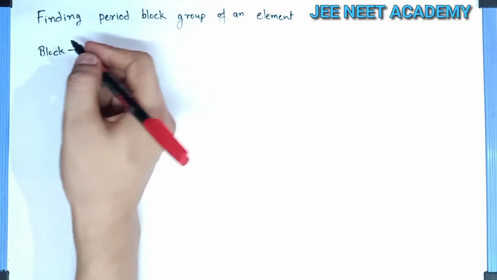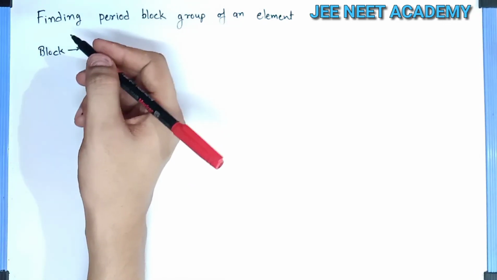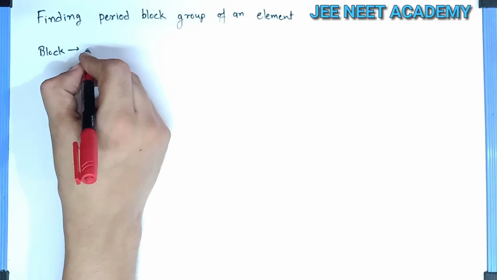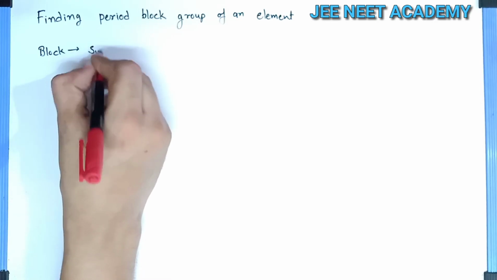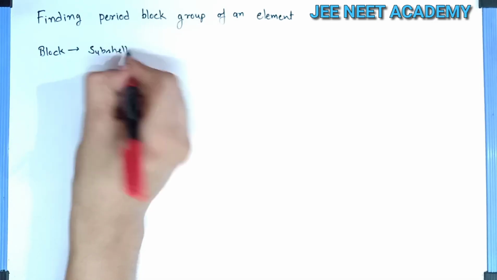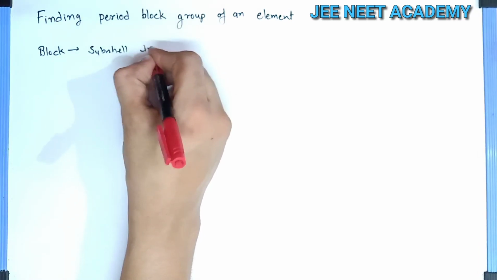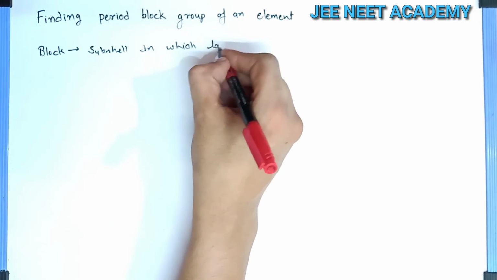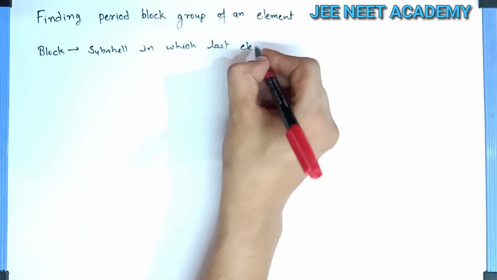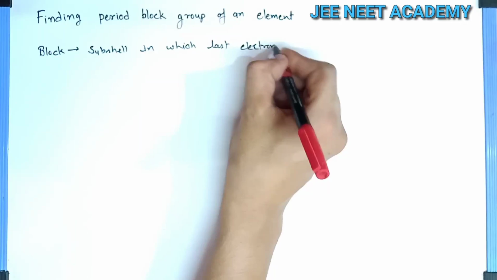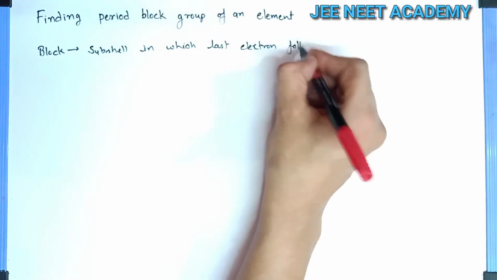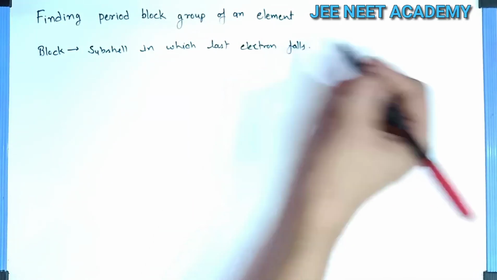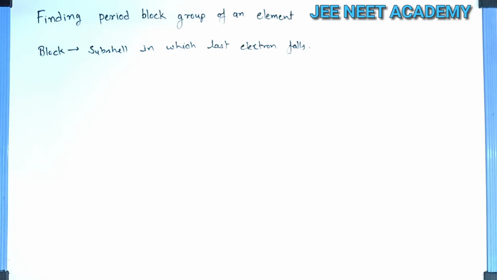In a single line, you can say it is the subshell in which the last electron falls. These are JEE advanced level questions, you have to understand it very clearly.